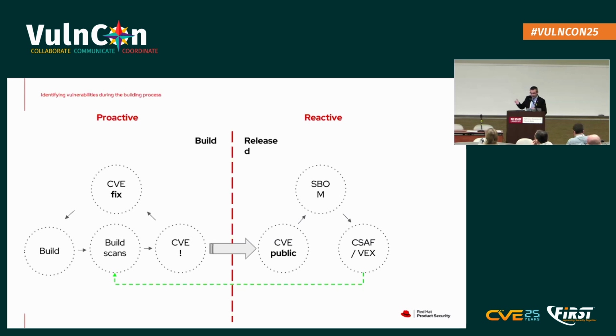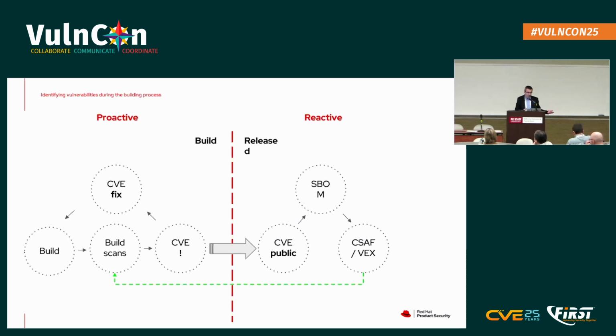Let's imagine that this build is a new build. It wasn't released yet before. It's just a completely new component that will bring a new feature in our product. In this case, if we detect a CVE, it means that someone used an affected library package, right? It's not published yet on, for example, Red Hat CVE pages because, again, it's a new build.